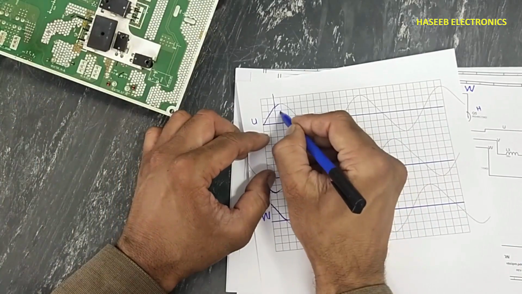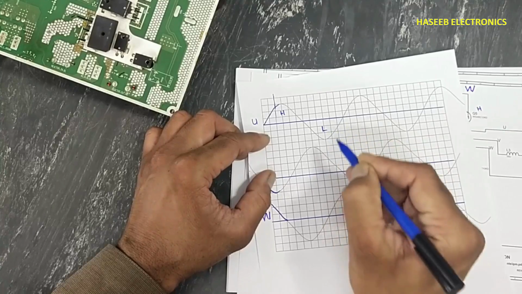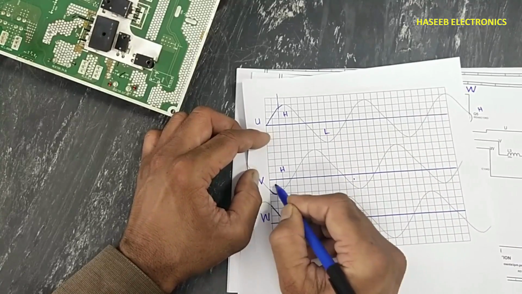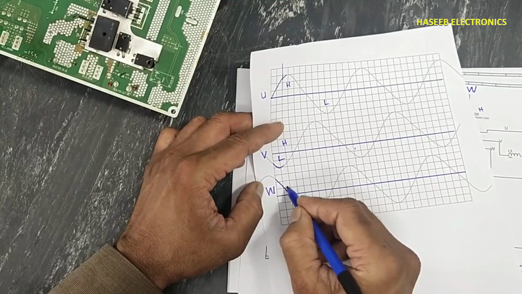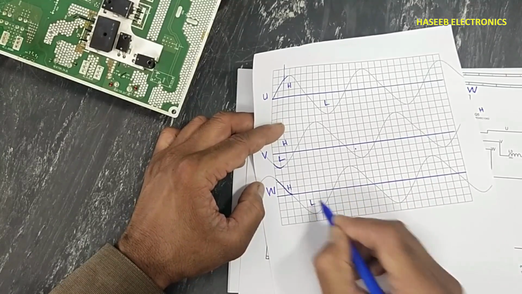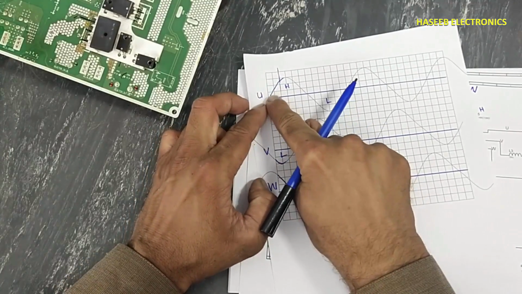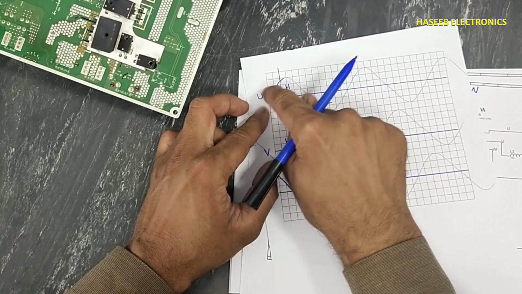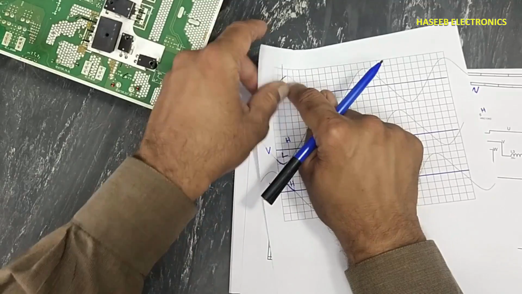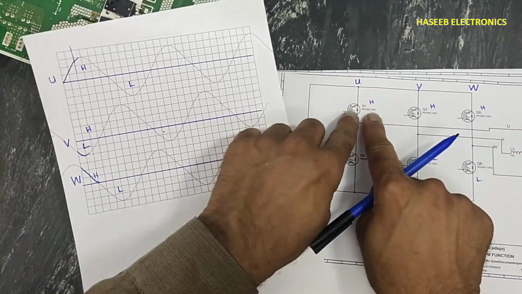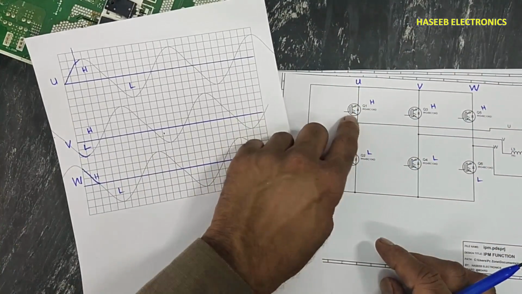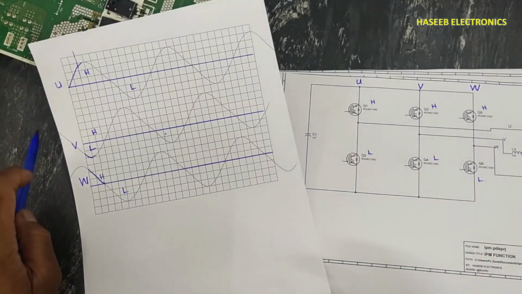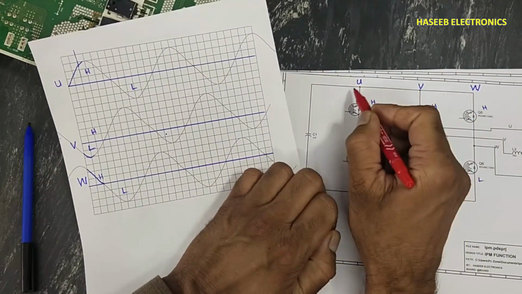U high, U low, V high, V low, W high, W low. When we need this signal, that means U high, this IGBT will switch. When it will switch, now let's see logically what will happen.